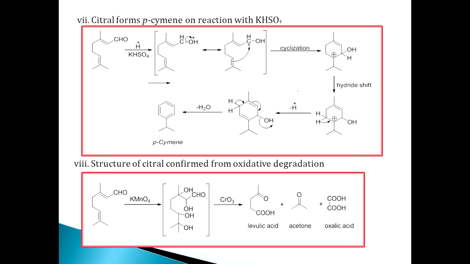Next, the structure of citral is confirmed from oxidative degradation. When citral undergoes oxidation with chromium trioxide, it produces some products: linoleic acid, acetone and oxalic acid.